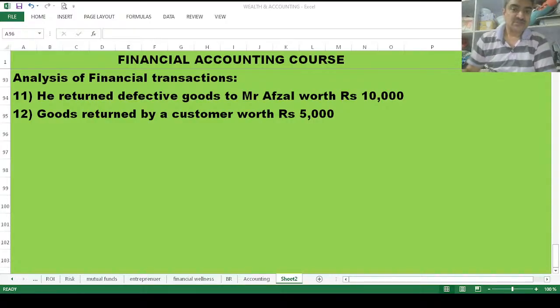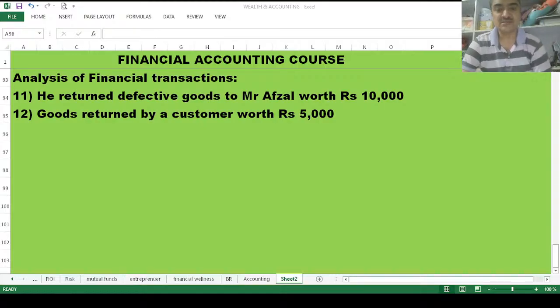And the two changes are decrease in debtors by rupees 5,000, which means that decrease in asset, as the debtors are your assets. And the second change is increase in goods or increase in sales returns. In other words, decrease in revenue by rupees 5,000.